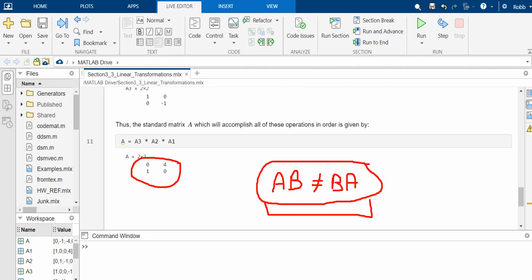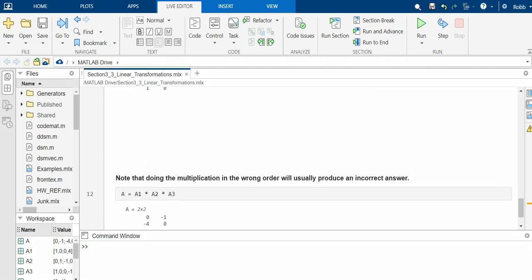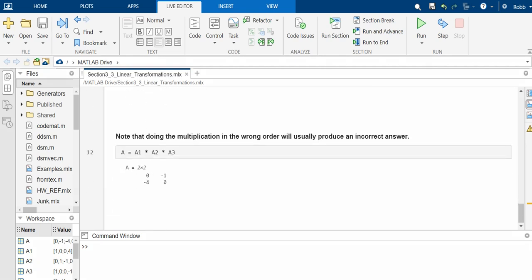Sometimes you will get the correct answer by multiplying in the wrong order, but don't count on it because it's rarely true. What's usually true is that when you multiply in the wrong order, you get the wrong associated matrix for the transformation you're trying to get. So that's how we work with these common linear transformations.